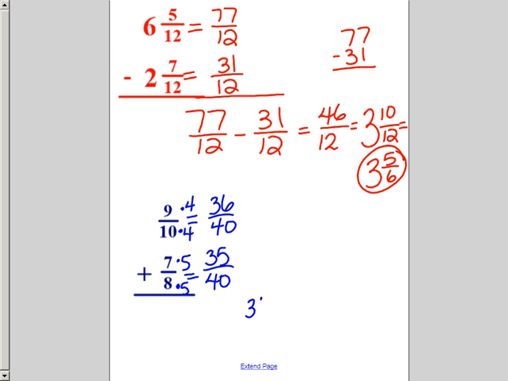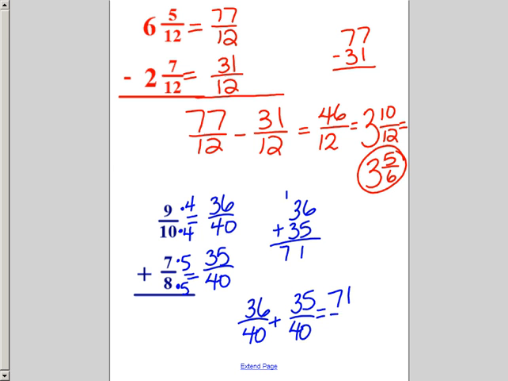If I need to do it up here, 36 plus 35 is going to give me 71. 71 fortieths. 40 goes into 71 one whole time with 31 left over, so I get 1 and 31 fortieths. All right, let's have you try some on your own.